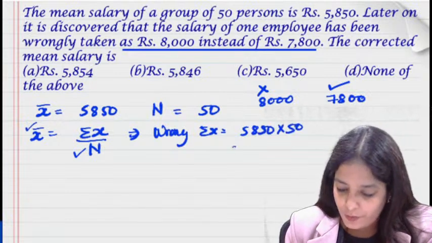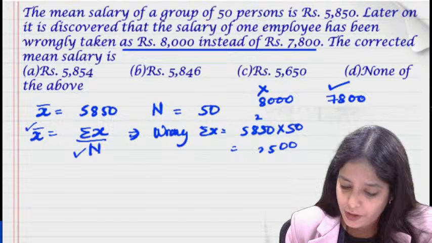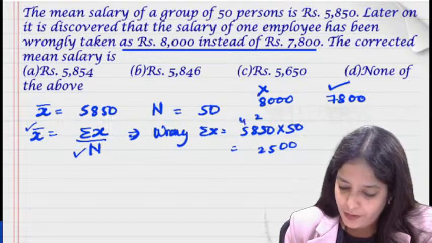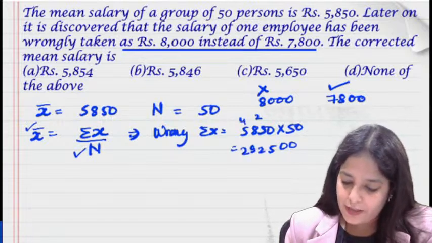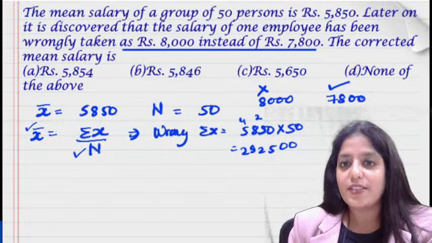Just quickly multiply it. 5 5s are 25, 8 5s are 40, 42, 5 5s are 25, 292,500. I hope you guys are able to understand. So this is the wrong sigma x.